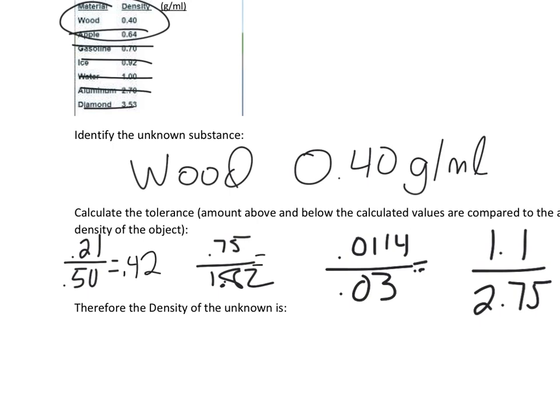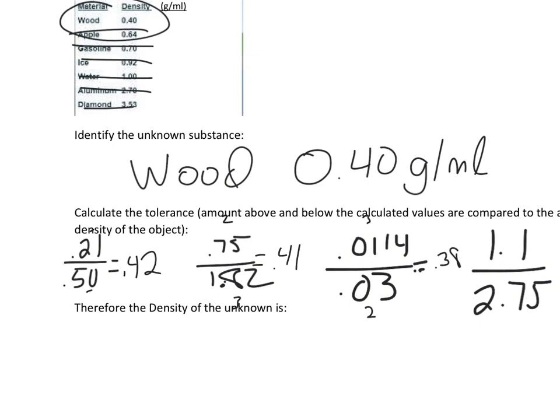We had 2 significant figures here, 2 significant figures here, so our answer should have 2 significant figures, which it does. 0.75 divided by 1.82 gives us 0.412 and a bunch of other numbers, but this has 2 significant figures, this has 3, so we go to 2 significant figures, which gives us 0.41. 0.0114, that, by the way, has 3 sig figs, divided by 0.03, which has 2 significant figures, so our quotient should have 2 significant figures, is 0.38.